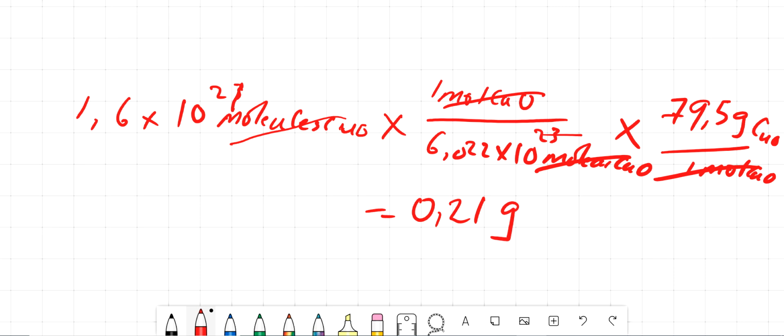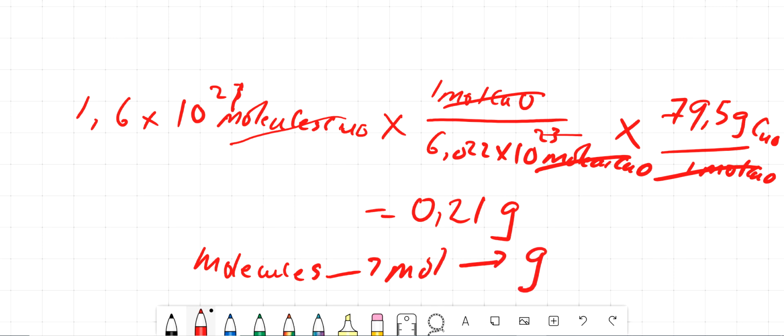So this is how to do it. When you move from molecules, you have to move again to moles, and then after the moles, you can go to grams. These are the steps, and always remember Avogadro's number.